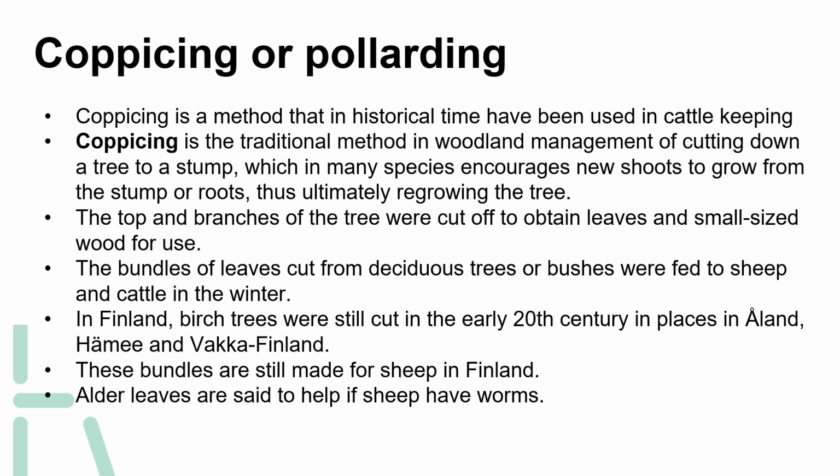So the top branches and tops of the trees were cut off, and you obtained leaves and small-sized wood to use for yourself, and then the leaves and small branches were used for fodder for animals as well. They used to tie them up into bundles of leaves, and it was always from deciduous trees or bushes, so leaf trees, which were fed to sheep and cattle in the winter.